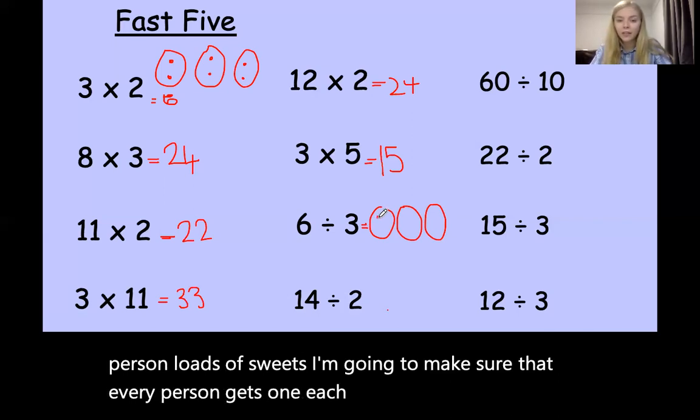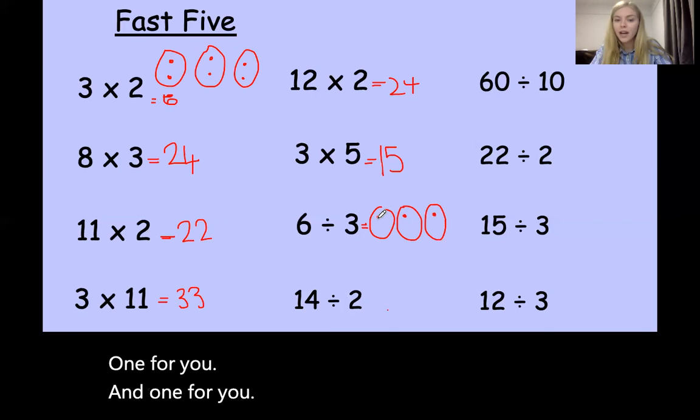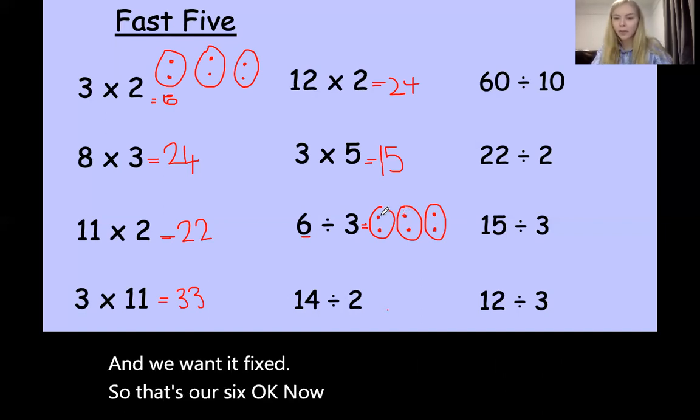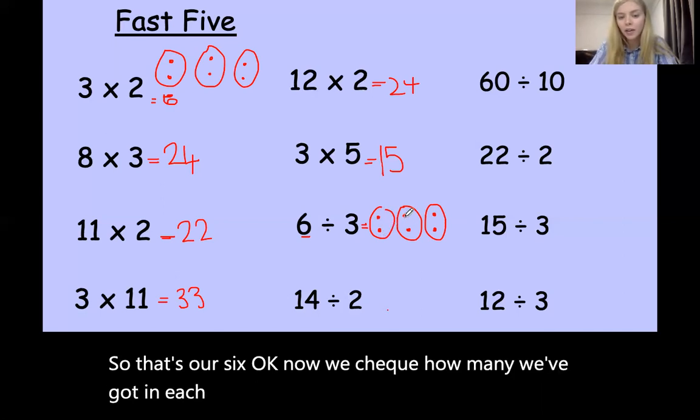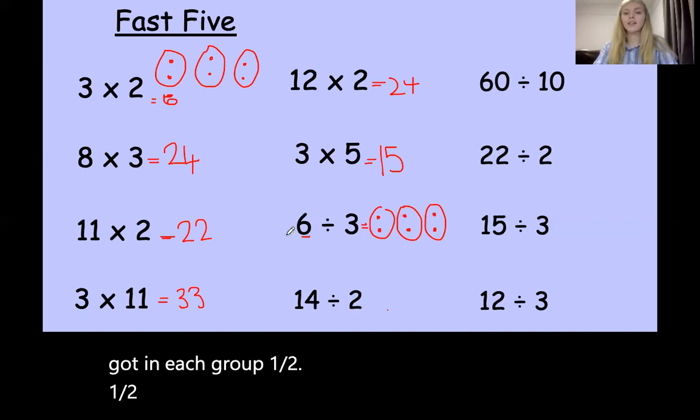So I go 1 for you, 1 for you, and 1 for you. So I just check 1, 2, 3, 4, 5, and we wanted 6. So there's our 6. Okay, now we check how many we've got in each group. 1, 2, 1, 2, 1, 2. Fantastic. So 6 divided by 3 is 2.